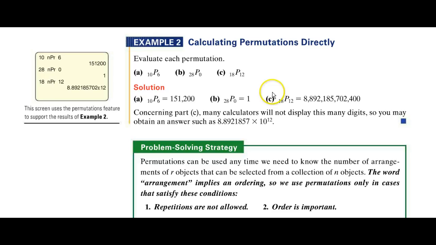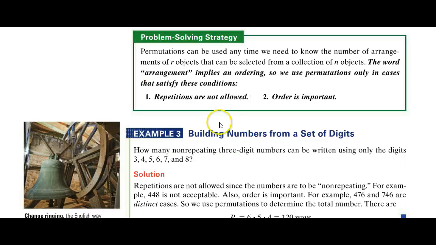Now in letter C, the number is so large that you won't be able to read those digits, so they usually convert it to scientific notation, where this is the number of decimal places you have to move it over to get the full answer. Now that you are allowed to use your notes, that's rather important.